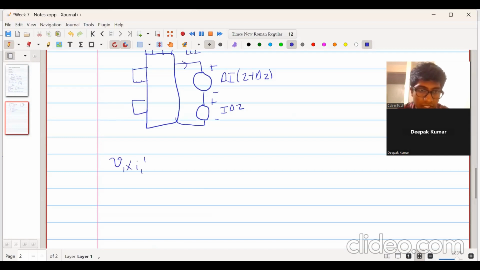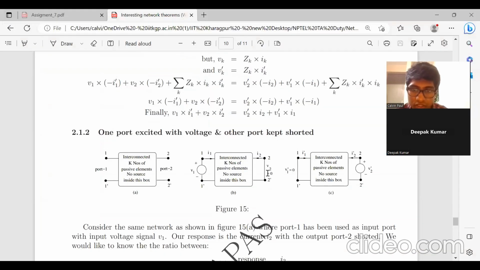V1 into I1 dash plus V2 into I2 dash is equal to V1 dash into I1 plus V2 dash into I2. Now what we have proved, V2 is equal to 0. Similarly, V1 dash is equal to 0.